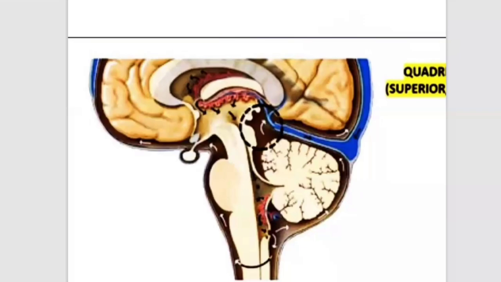I can't see it. You were showing me some other diagram? Now you can see? No, ma'am, still no. I'm just seeing the diagram on the slides right now. You're not able to see now?